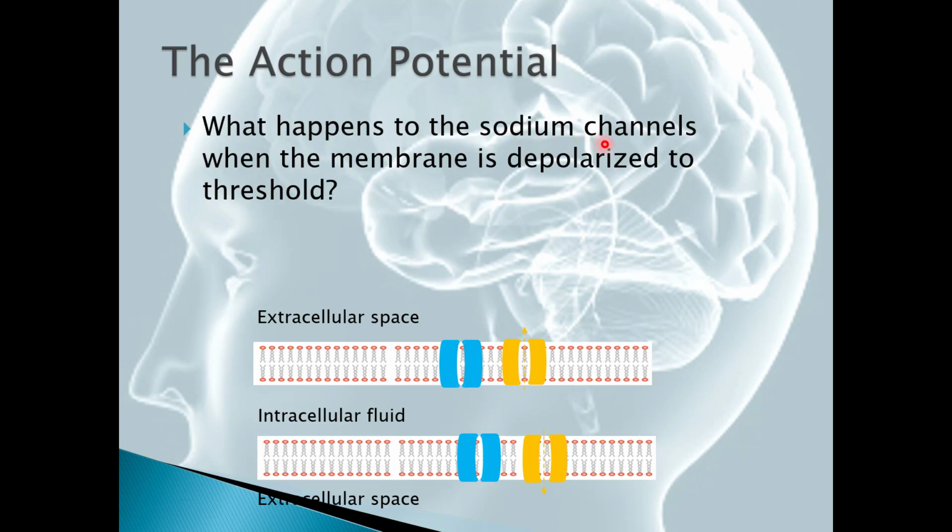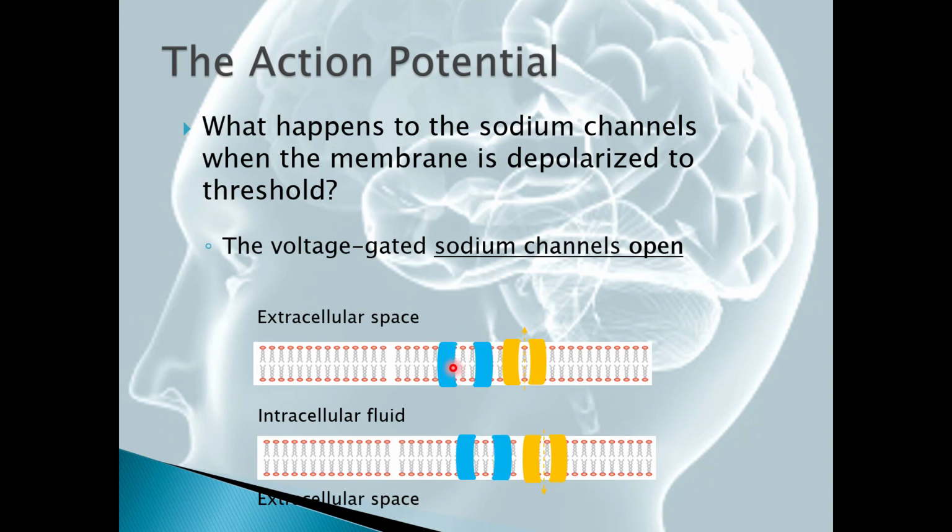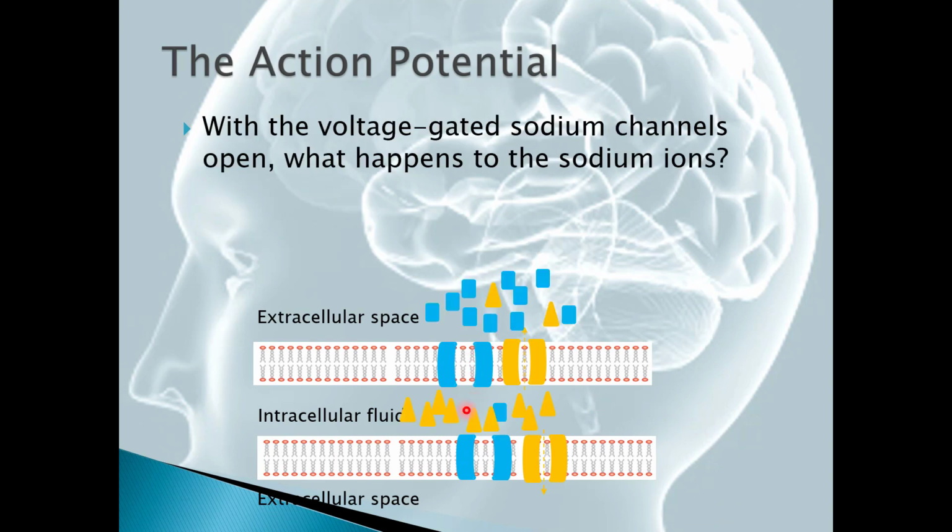So what happens to the sodium channels when the membrane is depolarized to the threshold of excitation? Remember, these are voltage-gated sodium channels, and when they get to the threshold of excitation, they're going to open like this. So when they open up, that's going to allow sodium to travel in.